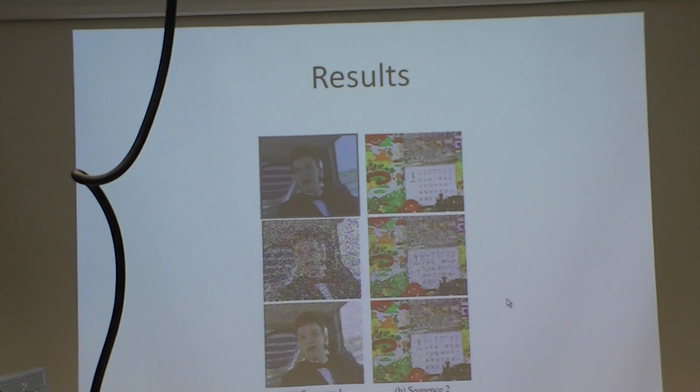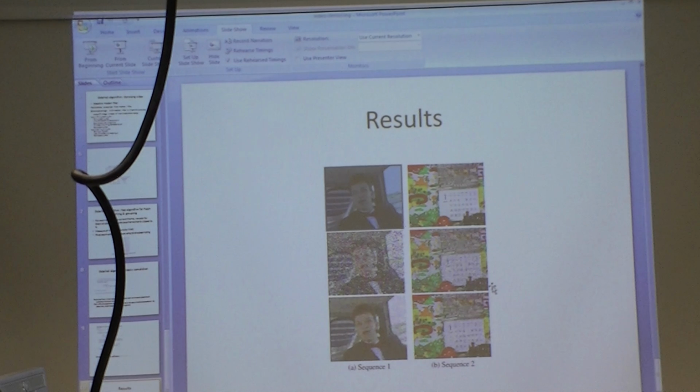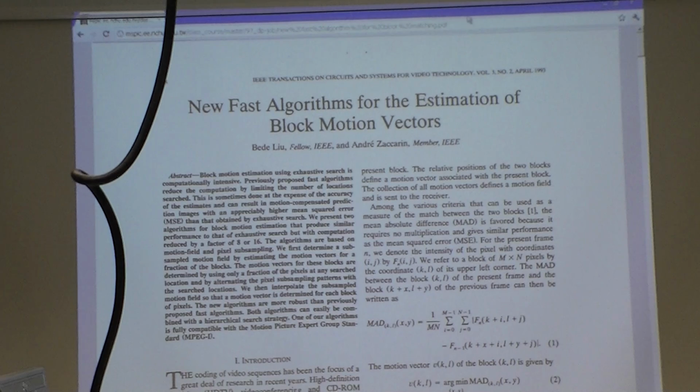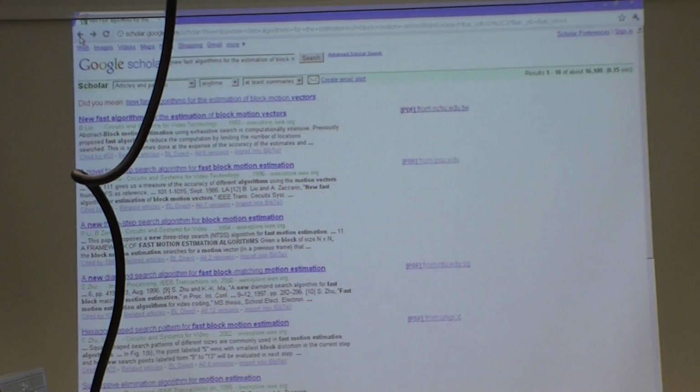Another question. This is just for video. Can I use it for a single image? Actually, I'm trying to implement that on a single image. They find similar patches in the following frames, put them into a matrix and try to complete that.